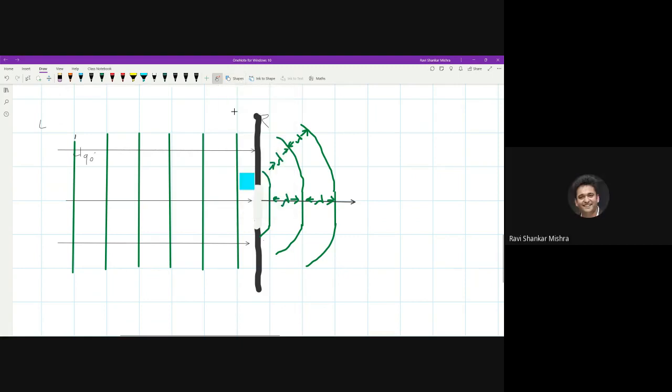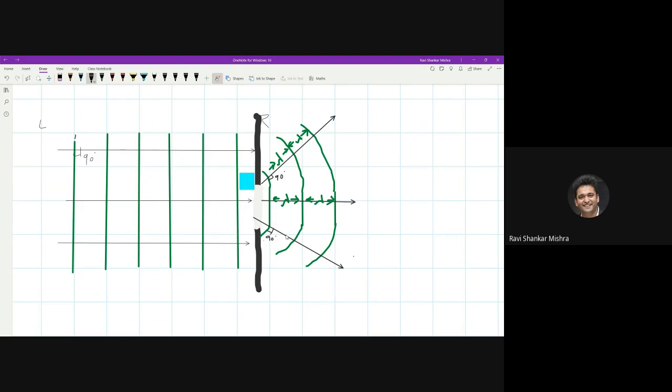Now, here the direction of energy is this, and here the direction of energy is this, right? Again, you can say 90 degrees. So bending of the wave is called diffraction.